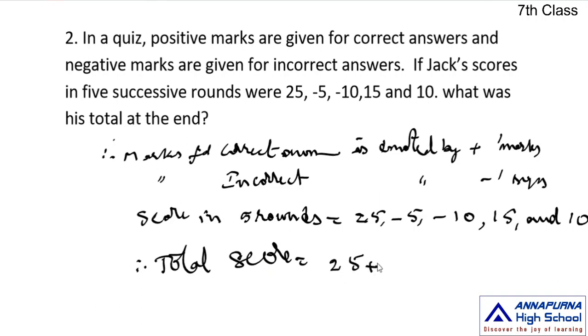Here the numbers are all integers: 25 plus minus 10 plus minus 5 plus 15 plus 10. Here these two are negative integers, and 25, 15 and 10 are the positive integers. Add them separately.